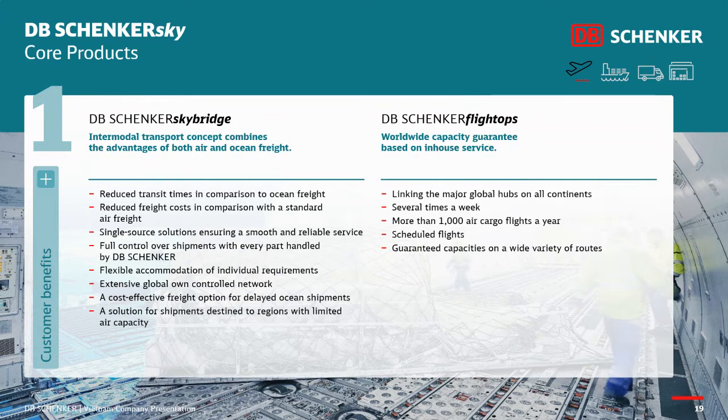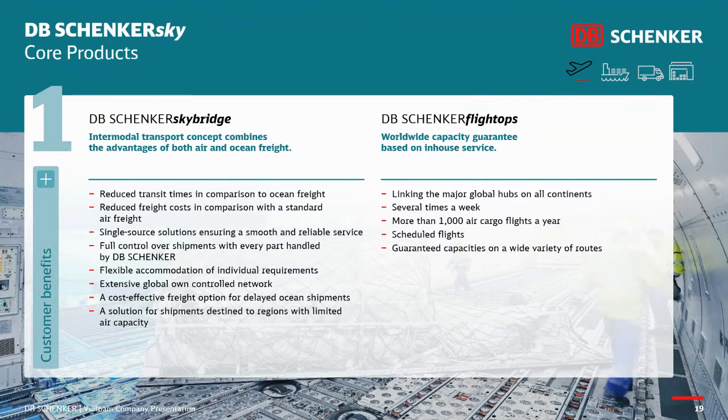This means we can deliver one shipment, for example, from Vietnam to Hamburg, by combining two products, ocean and air. We use ocean freight from Vietnam to Dubai, which takes around 13 or 14 days, and then we transit from ocean to air freight from Dubai to Europe, which takes only 2 or 3 days. So the total transit time is 17 or 18 days.